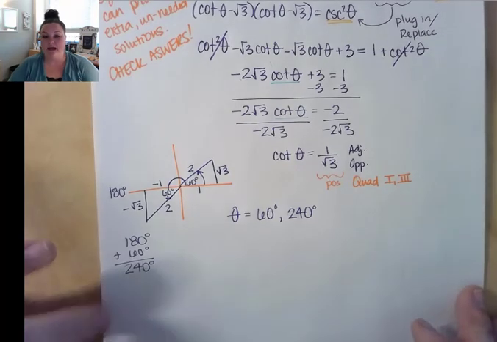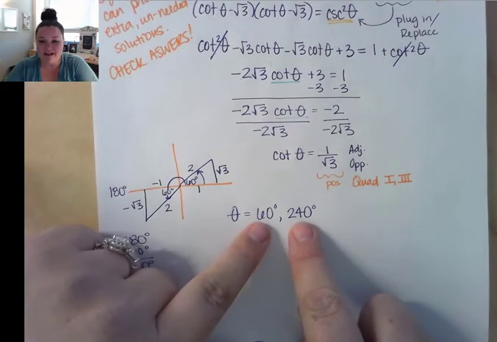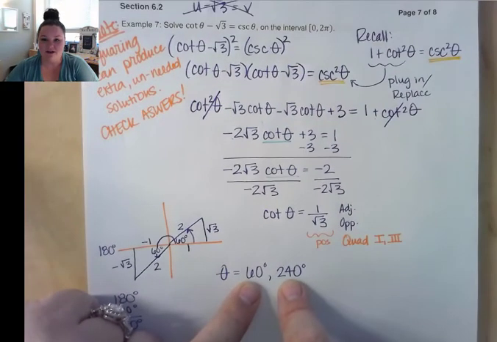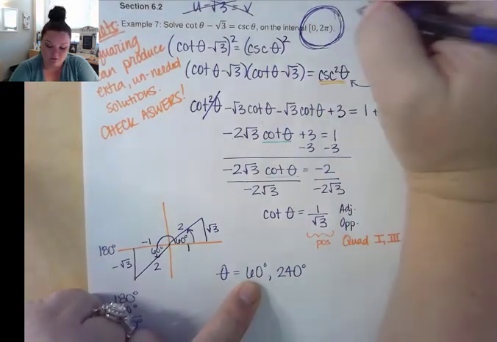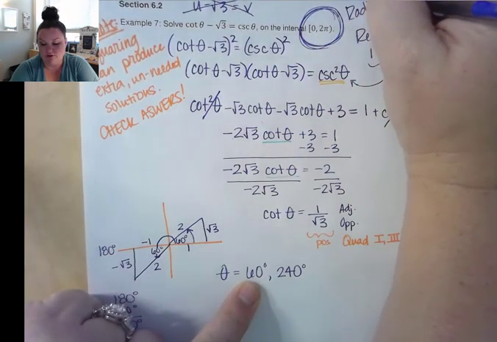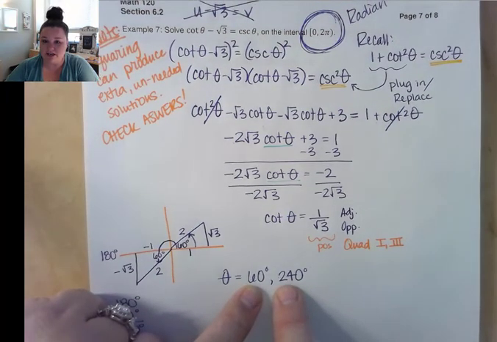Okay. Now, we have two potential issues. One is that I found my answers in degrees, and notice our original problem is asking for radian measures. So I need to go ahead and convert these to radian measures, which I can do by multiplying by pi over 180.